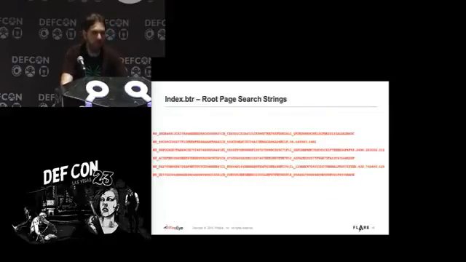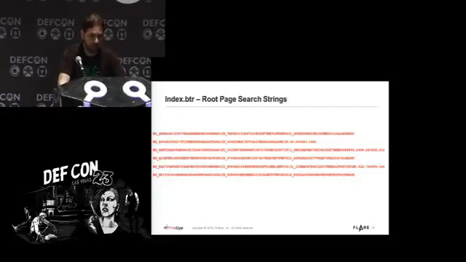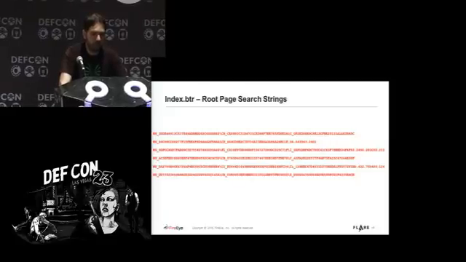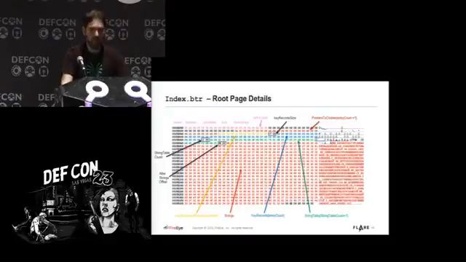Next, these are the keys in a root page in the index.btr. They represent class definitions, instance declarations, hierarchy representations, and also references. And next, it's a very pretty picture.